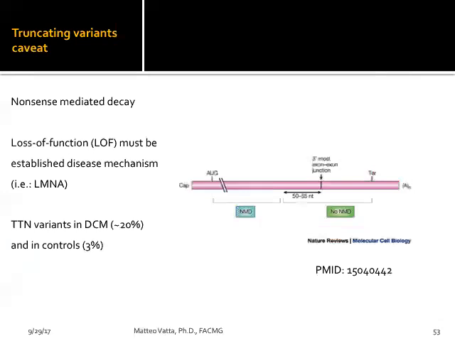Just to talk about titin again, truncating variants in titin have been identified to cause 20 to 25% of all cases of dilated cardiomyopathy. But truncating variants in titin have also been identified in 3% of the general population.